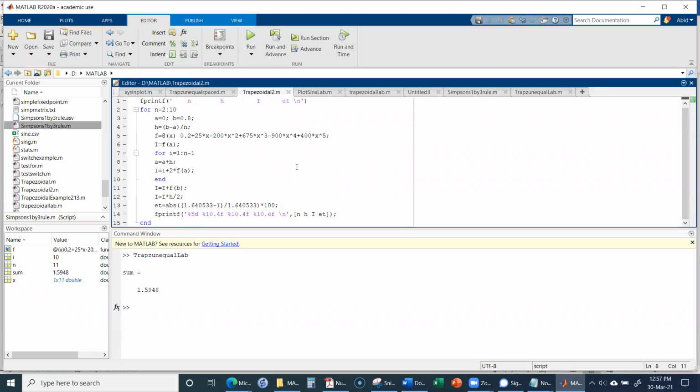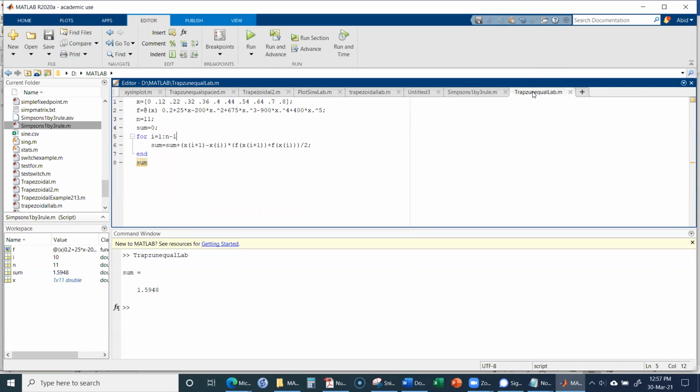Here, there is no variation in n, because n is actually given by the number of data points in x. So I think we will not need to use that second for loop in this case.